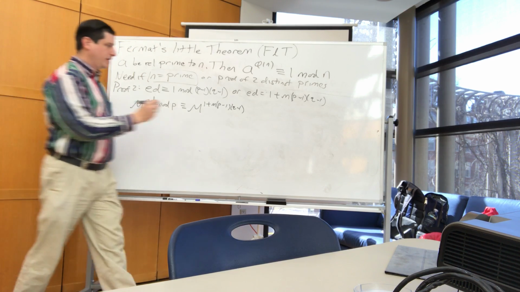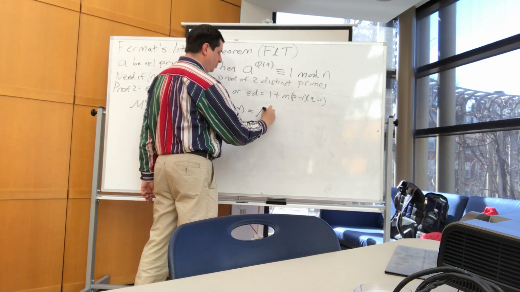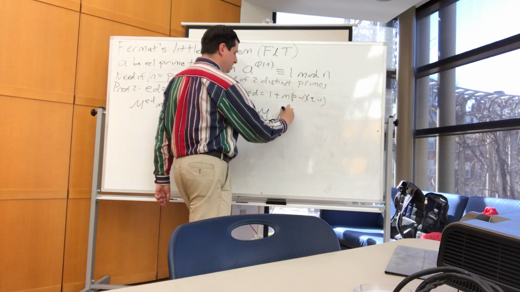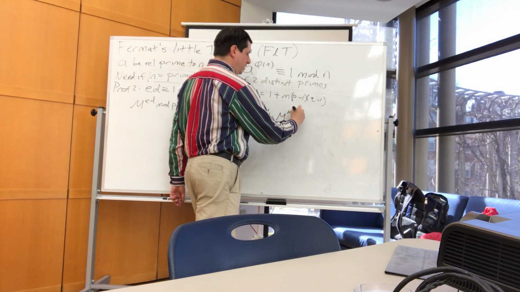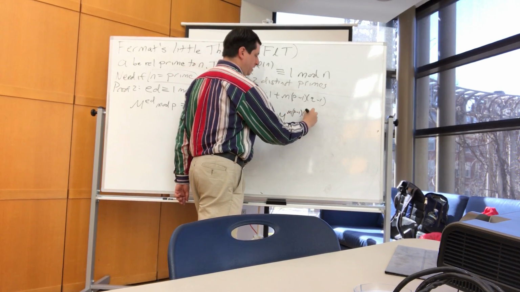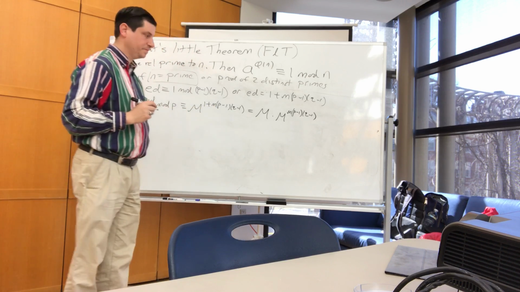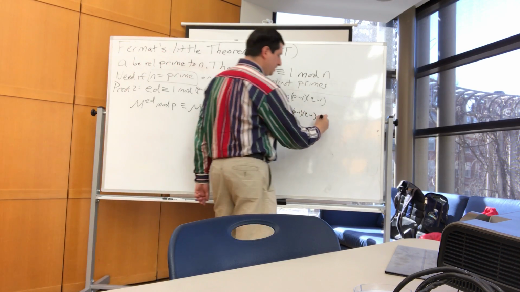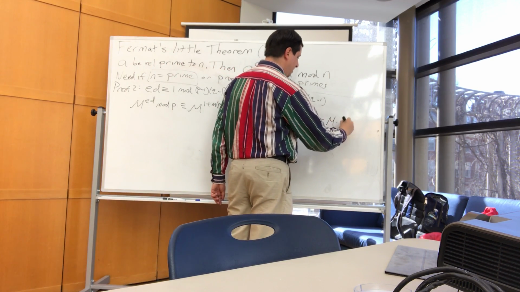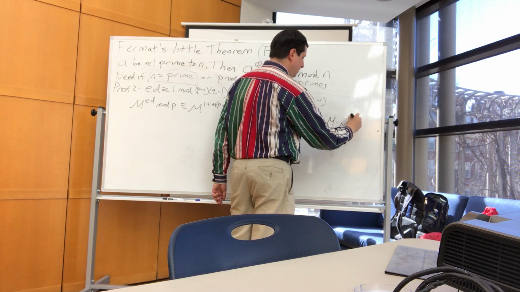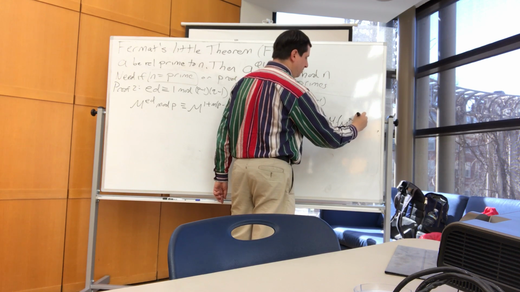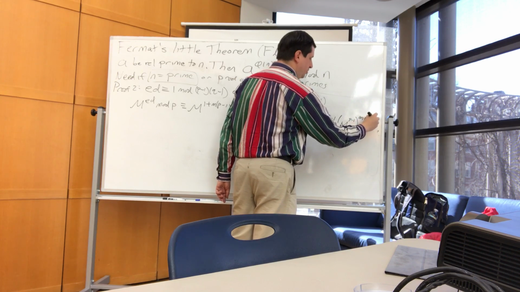So I can write this again as m to the 1 times m to the m times (p minus 1)(q minus 1). And this is the same as m times m to the p minus 1 to the m times (q minus 1).